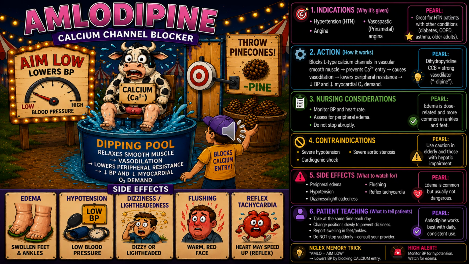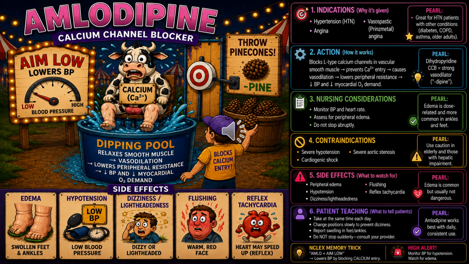Some considerations to keep in mind here: obviously, we need to monitor the blood pressure and the heart rate, assessing for peripheral edema. And in addition, do not stop abruptly, because you might have reflex tachycardia and increased blood pressure.